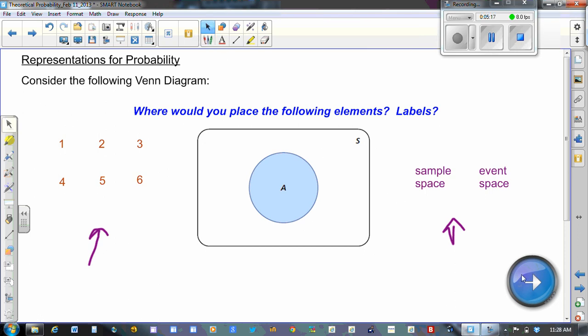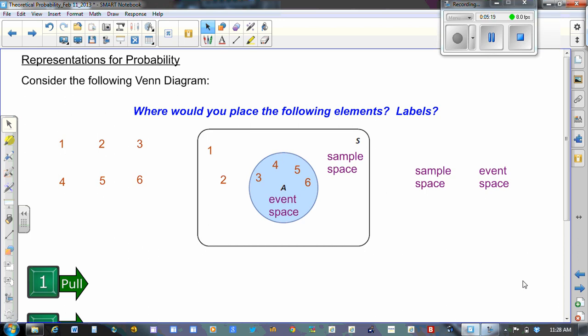So let's have a look at your solution. So you might have placed the 1 and 2 outside of the blue circle. Okay, that blue circle is known as the event space. So you can see how we have the numbers 3, 4, 5, and 6 falling in the event space because they are the outcomes specific to rolling a number greater than 2.